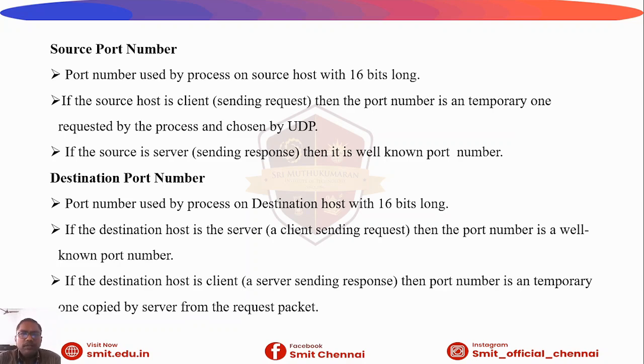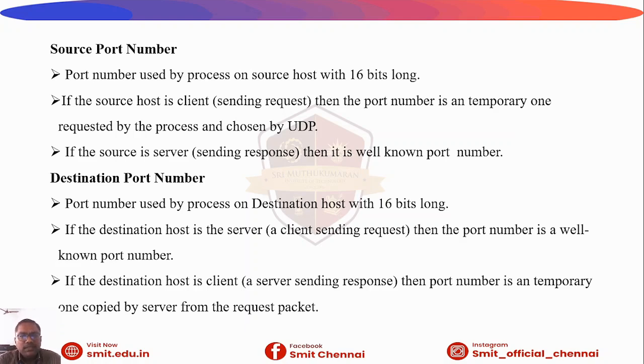It is the port number assigned to the source, which is 16 bits long. This port number is assigned to the client, and it will be sent with the message by this particular UDP. If the source is a server, then it will use a well-known port number.